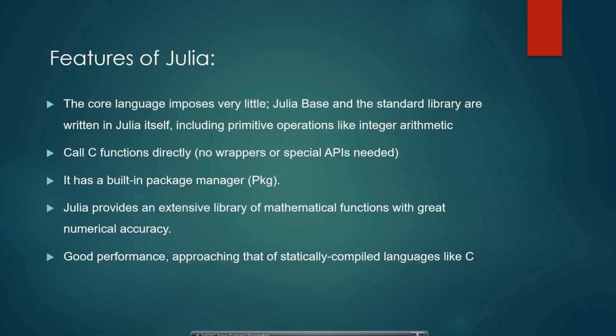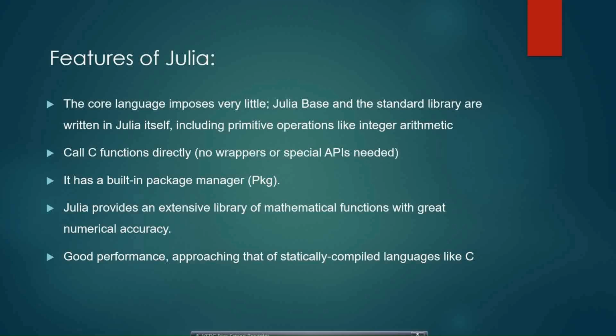And also it calls the C functions directly without any wrappers or APIs. For example, the function toString, like converting something to string, that is a C function, but in Julia you can use it directly. You don't have to use any wrappers or APIs for calling that C function.